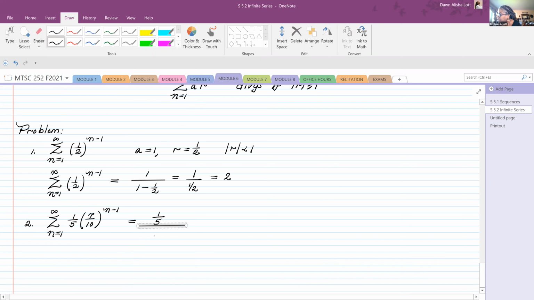So this is 1/5 over 1 minus 7/10. So this is 1/5 divided by 3/10, which is 1/5 times 10/3. So this converges to 2/3.